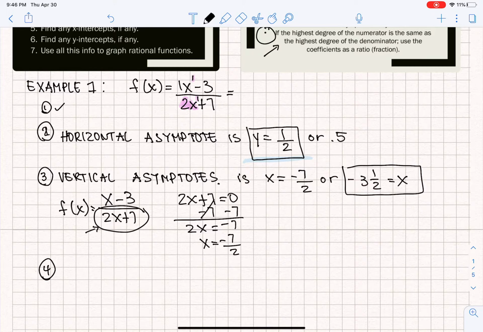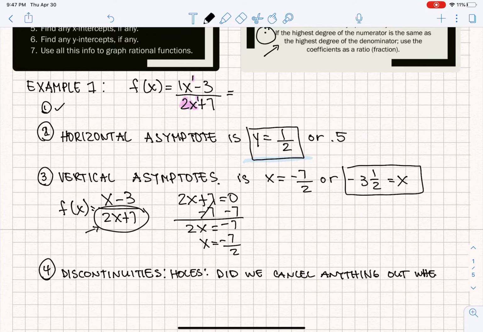Okay, so here we ask ourselves for discontinuities, or what we call holes in our graph. We ask, did we cancel anything out when we simplified?